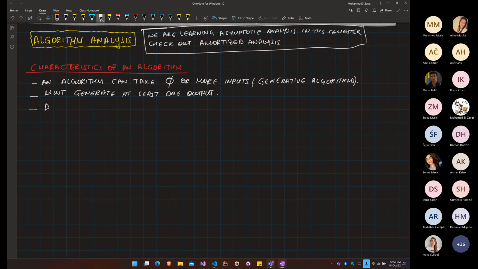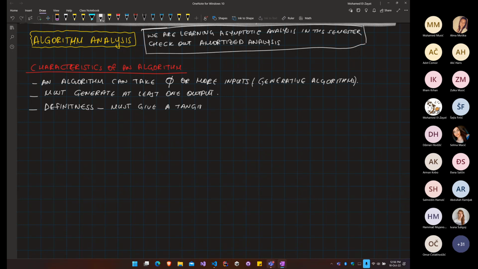Definiteness. Meaning it must give a tangible, meaning useful also, a tangible answer.